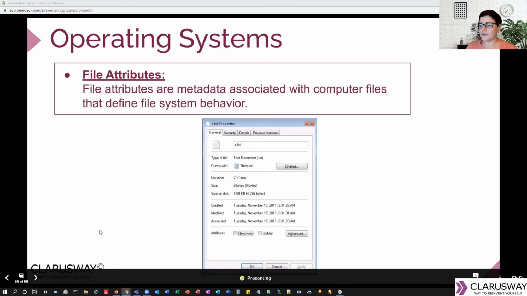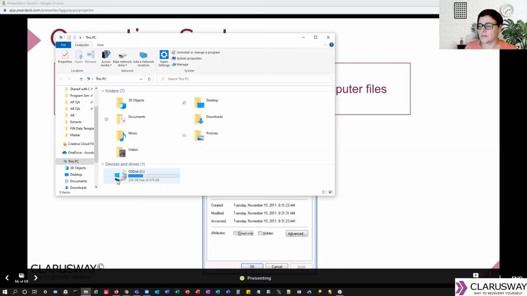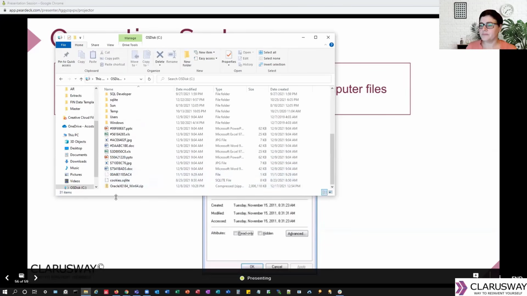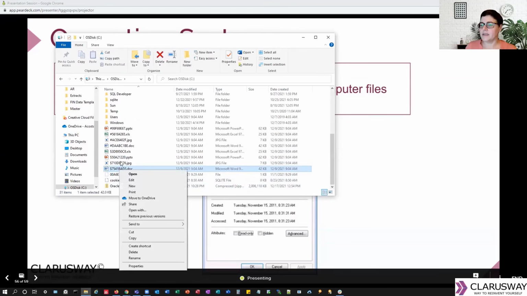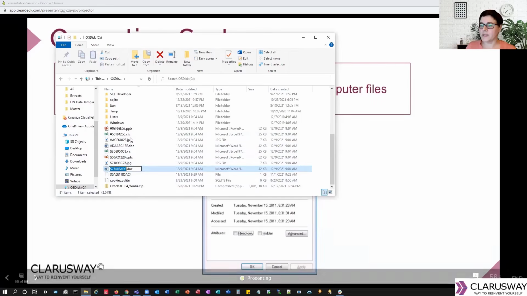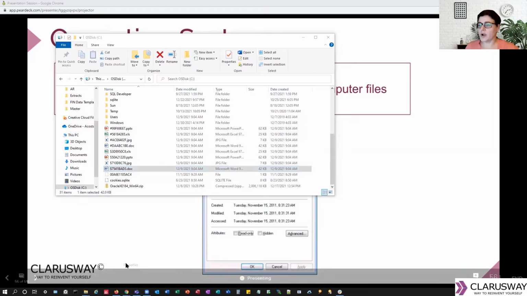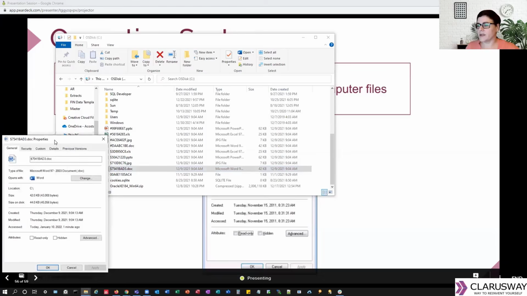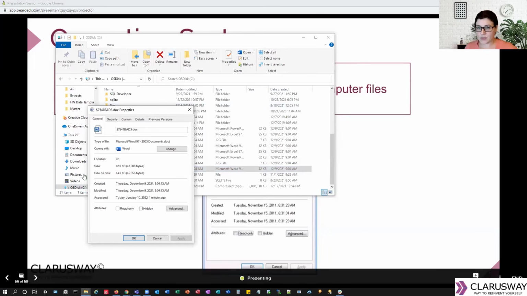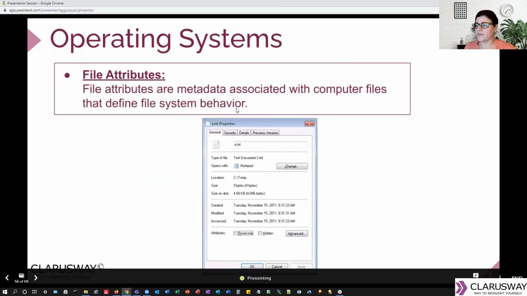And so if you go in and you look, this is, of course, Windows that I'm reaching out to you on, but here's a file within Windows on my hard drive, and you can see that the file extension is a .doc. If I right click and I go to properties, that is where these file attributes can be seen, and you can turn them on and off and whatnot. So those are file attributes.